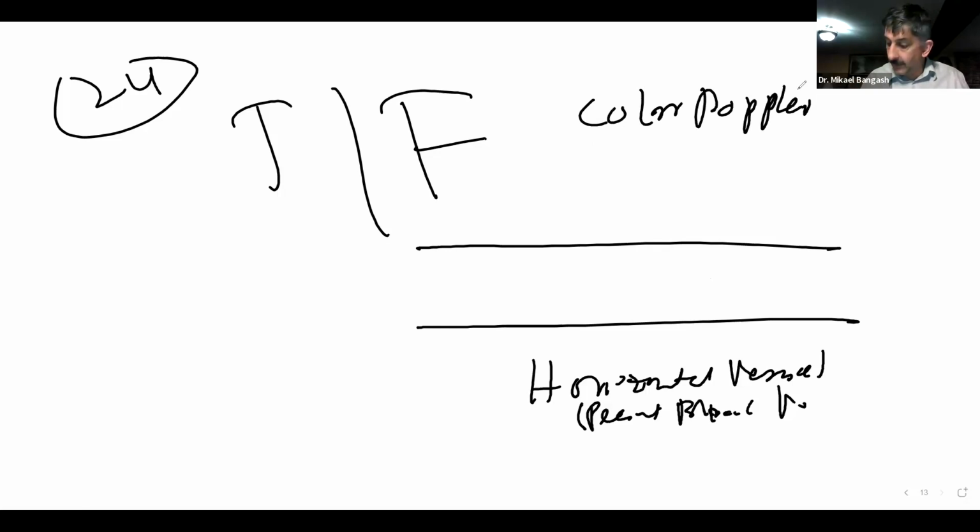But what they say is, a sector-shaped image contains a single color.